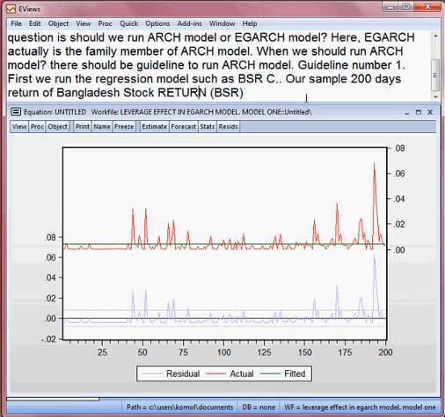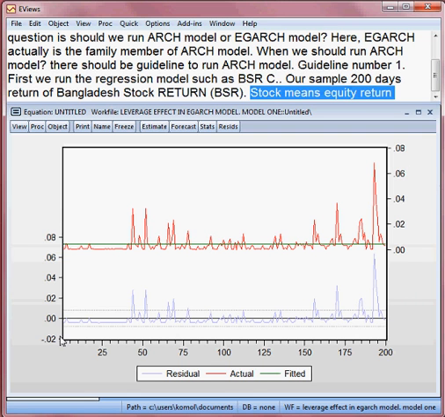What is stock here? Stock means equity. Here stock means equity return. Okay, this is important: stock means equity return.